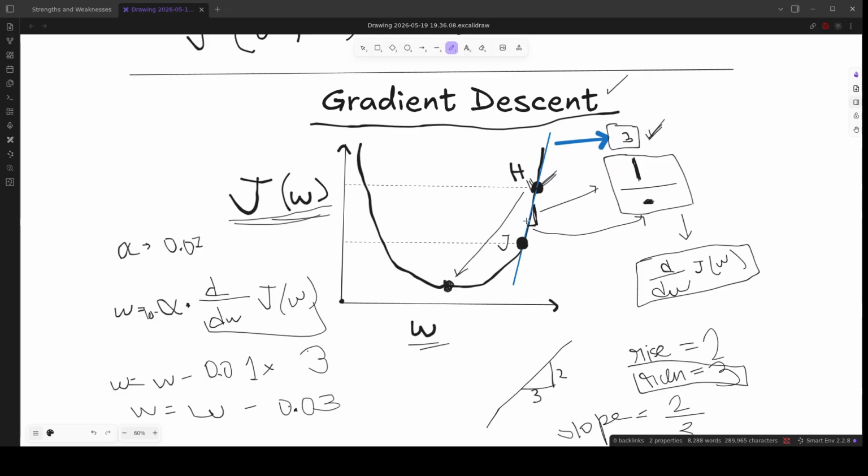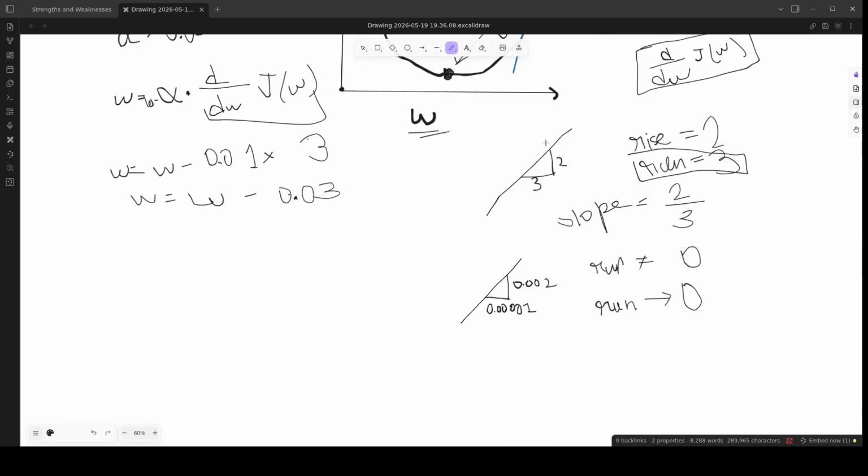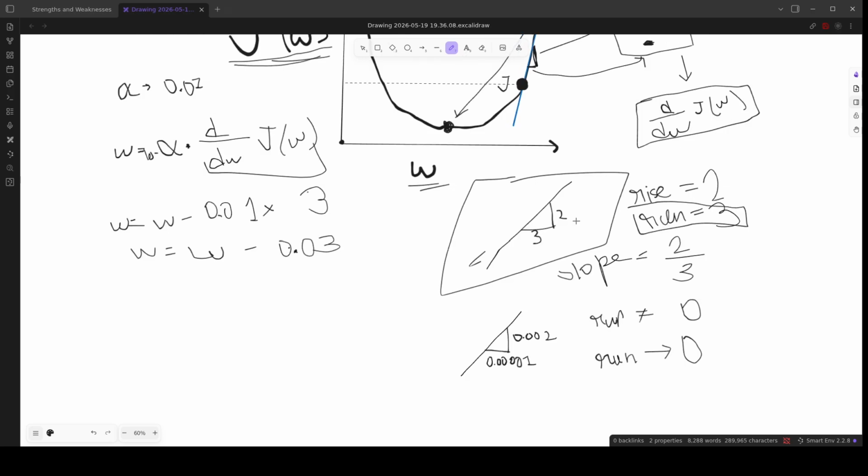So first, we find the derivative at that point. You might be asking, what is the derivative? So here, for example, if we have a line and we want to find its slope, what is the slope? It is the rise over run. It is how much the y-axis increases per increase in x-axis. So that would be 2 over 3, right?